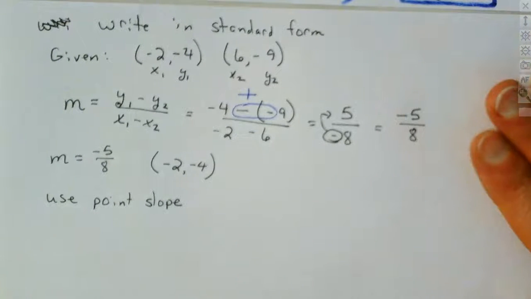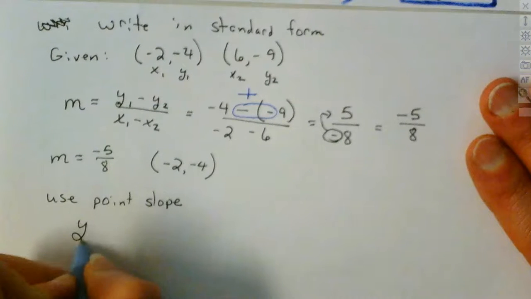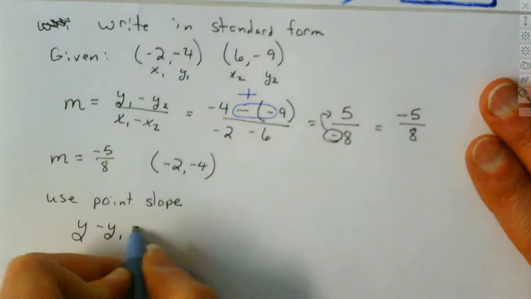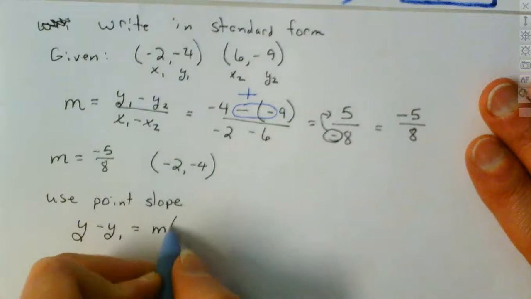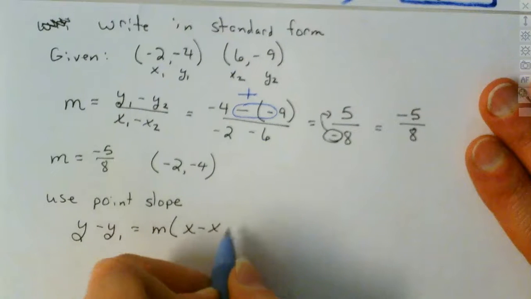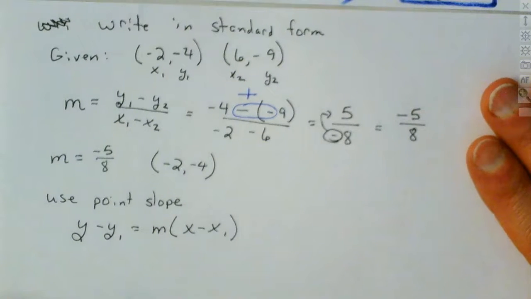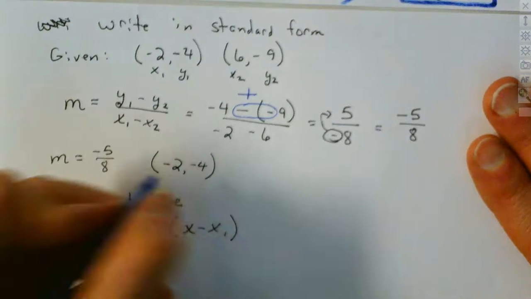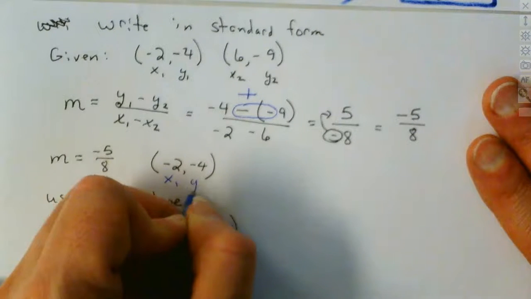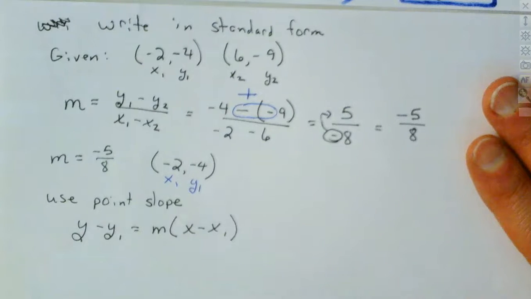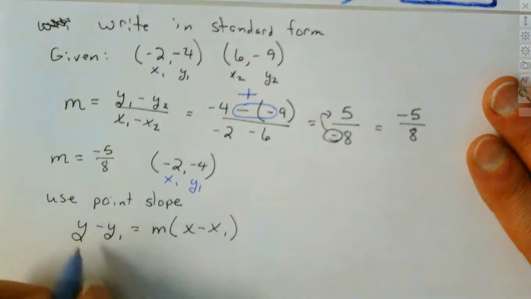And what was our point slope formula? Y minus y1 equals m times x minus your x1. And label your ordered pair if you need to see it. x1, y1. And watch again out for double negatives.